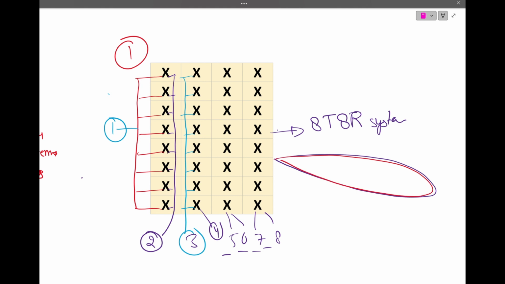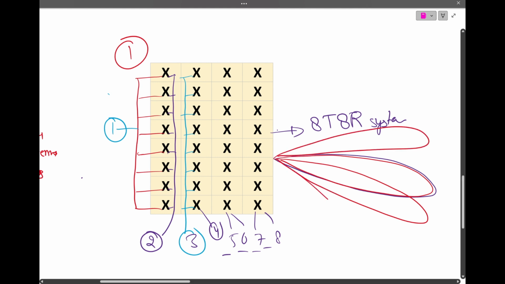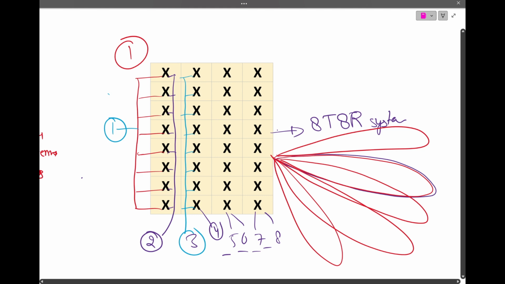Now it depends on how the phase shift is given, how the digital or analog processing is being done. Based on that, the direction of the beam will change. The beam could be like this, or like this, but in total there will be 8 vertical beams, and all the beams will be wide horizontally.